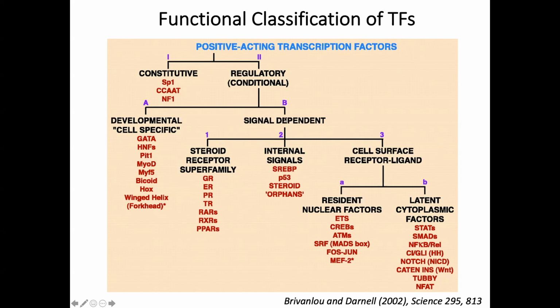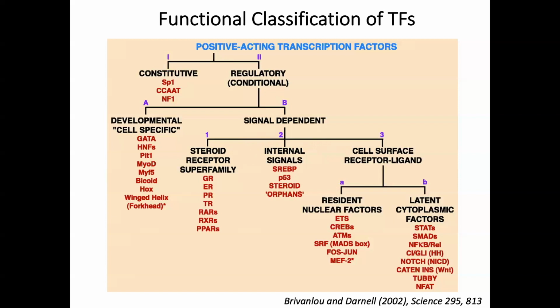And the signal-dependent transcription factors can further be classified into several families, depending on different activating signals. Right? So the steroid receptor superfamily is a group of transcription factors that can be activated by hormones.